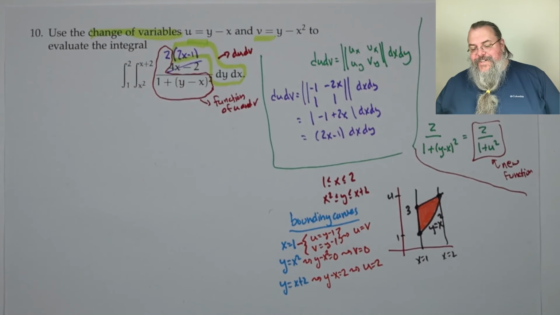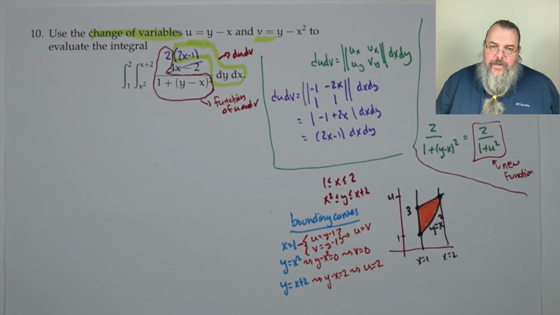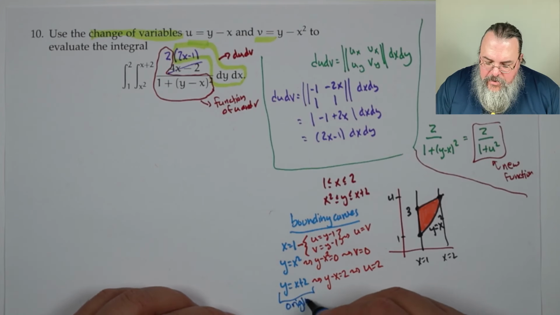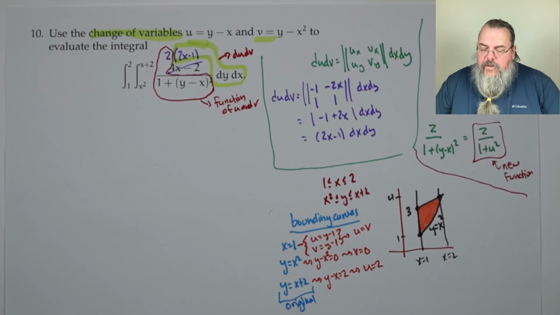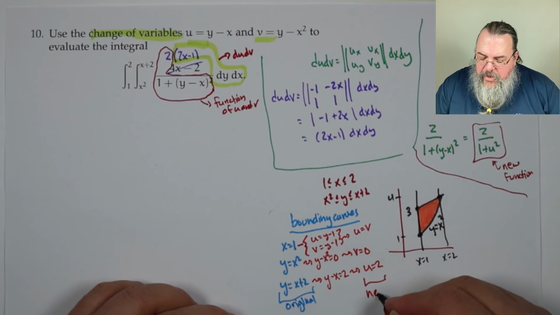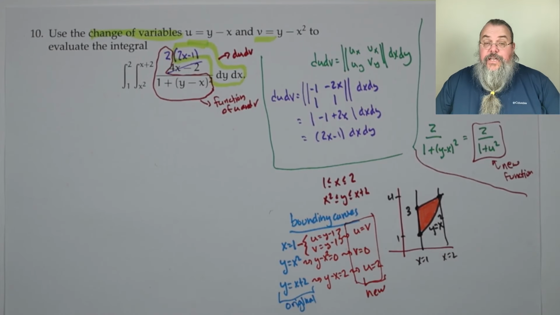Okay, good. So these are the OG, the original bounding curves, and then we have our new bounding curves. These are the ones that will bound our region in the UV plane.